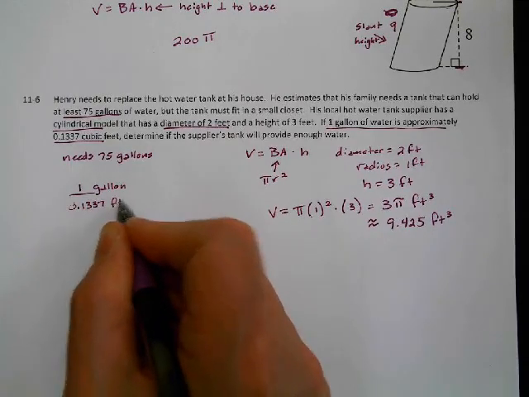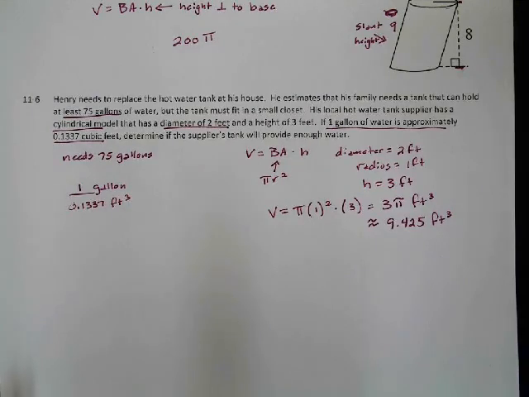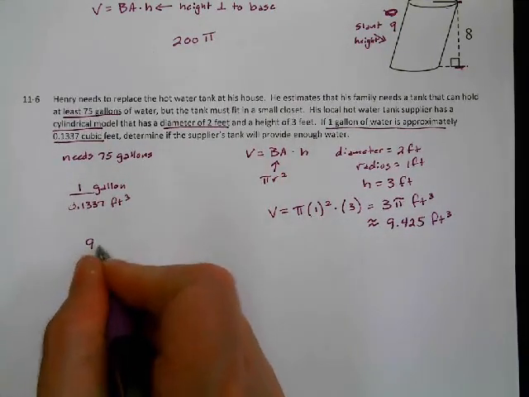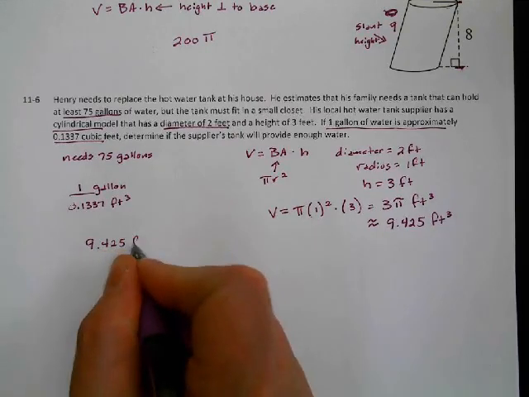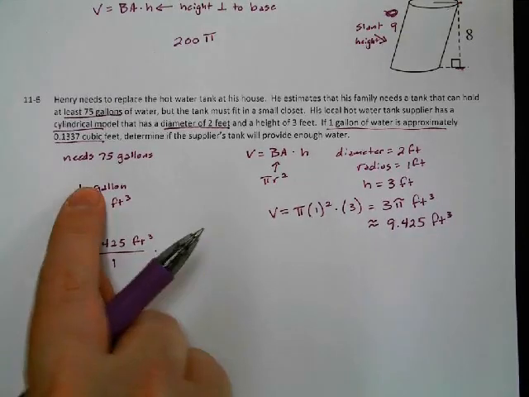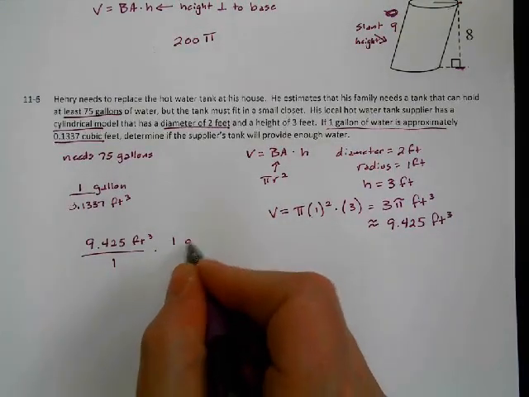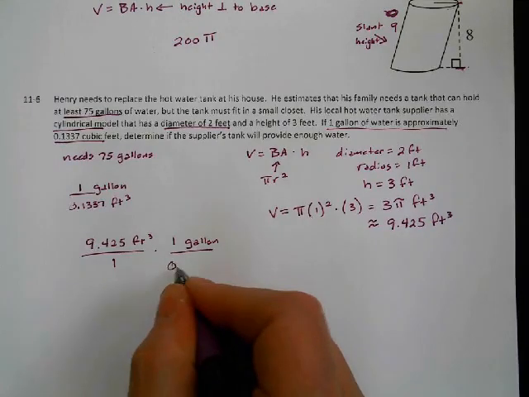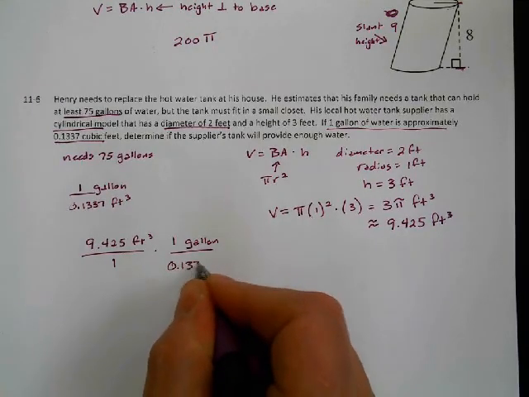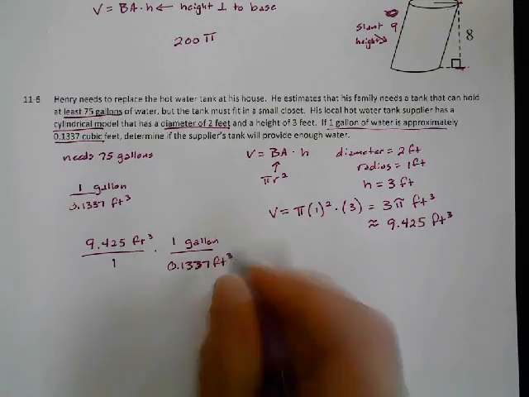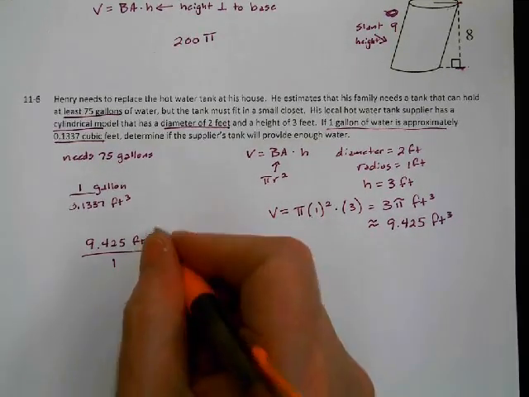I'm starting with 9.425 feet cubed. I want to convert it to gallons, so I need 1 gallon on top, and that's equal to 0.1337 feet cubed. So doing this, the feet cubed cancels, and I have just gallons left. So that's my new units.